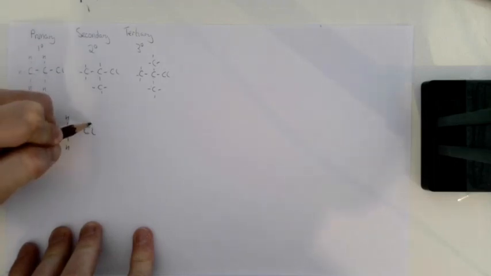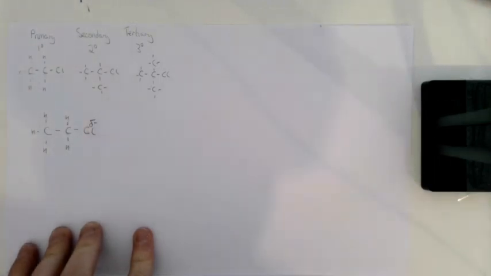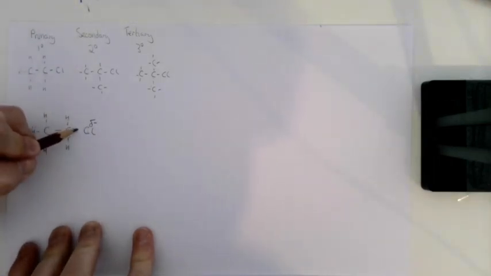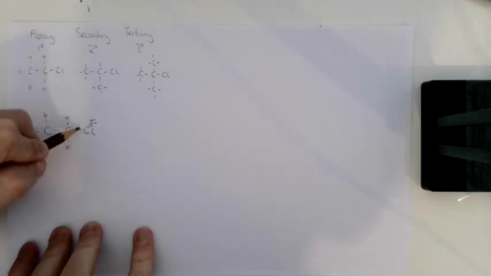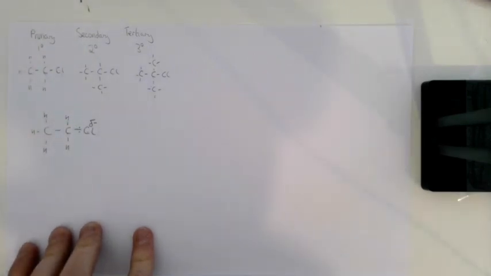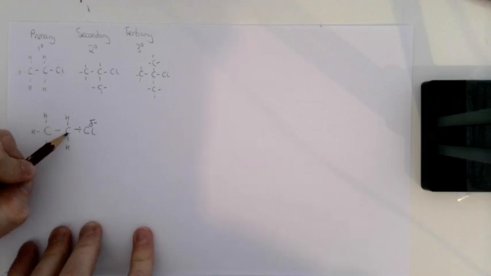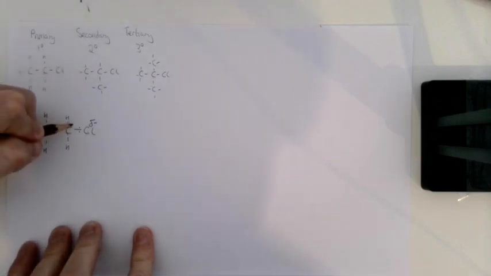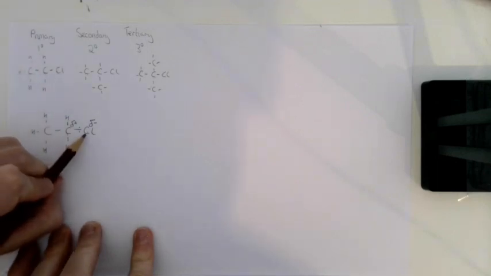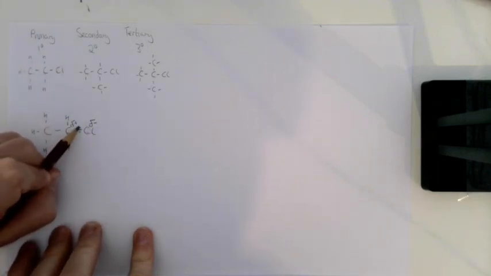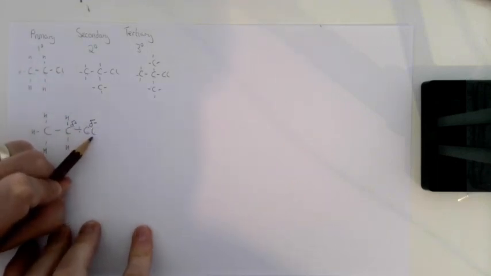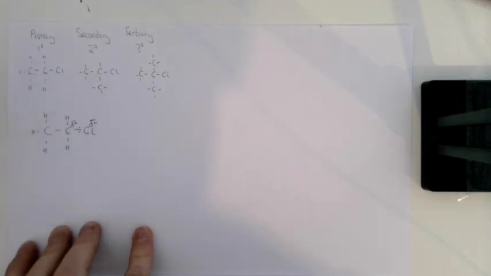The halogen has a stronger pull on the electrons in this covalent bond, which means it pulls them closer to itself. It's better at pulling the electrons than carbon is, and so carbon ends up becoming partially positive, and the chlorine becomes partially negative. Those electrons are slightly closer to chlorine than they are to carbon.